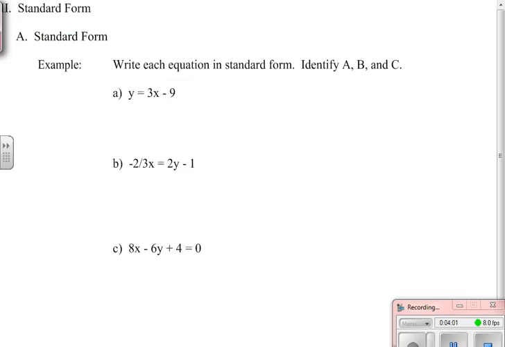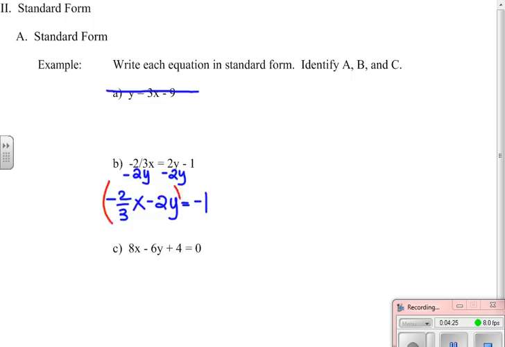We are going to rewrite each of these equations in standard form. We already did this one. The first thing I'm going to do is subtract 2y from both sides. And I'm going to have negative 2 thirds x minus 2y equals negative 1. I can't have a fraction. The easiest way to clear a fraction is to multiply everything by the denominator.